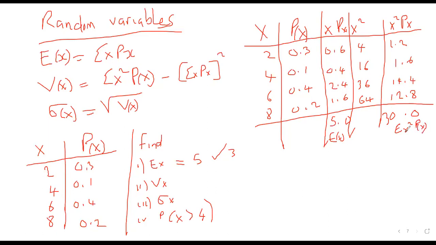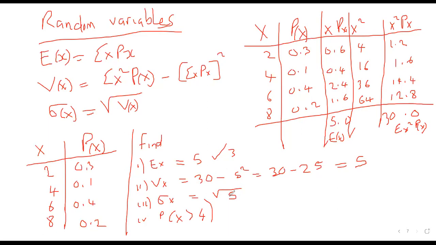So we subtract this one minus the square of the mean, we get the variance. For 30 minus 5 squared is 30 minus 25, which is 5. The variance is equal to 5. Square root the variance, you get the standard deviation.